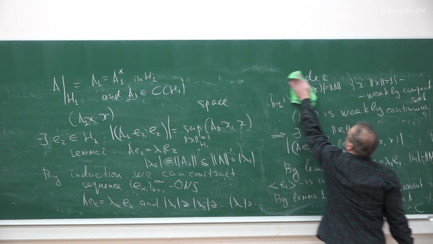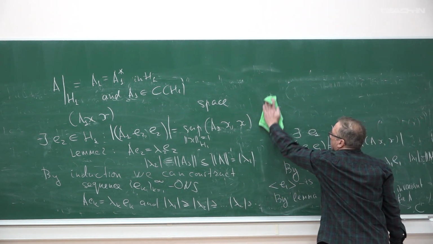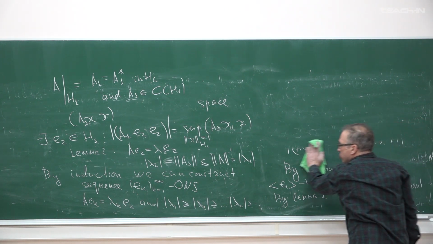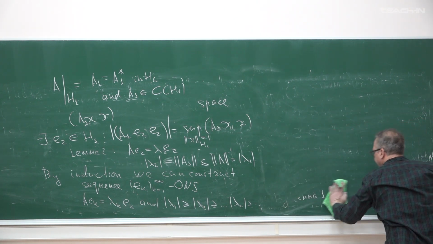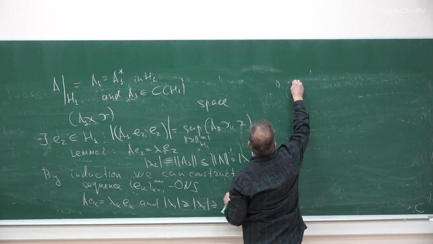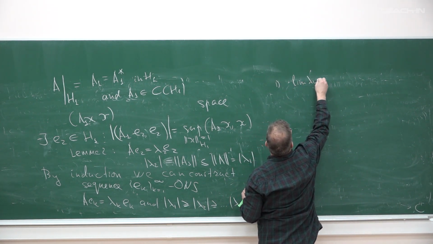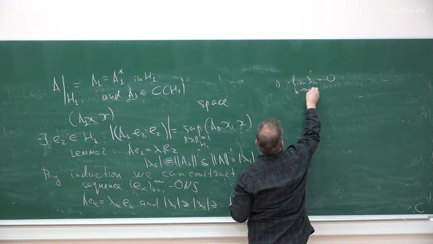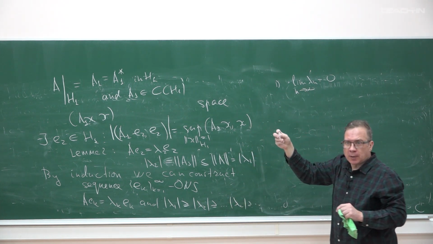Why does lambda n tend to 0? First, let's prove that lambda n tends to 0. By contradiction. Again, by contradiction.